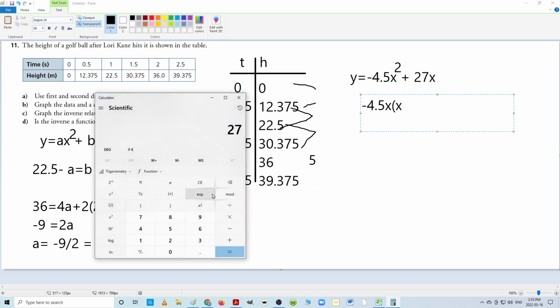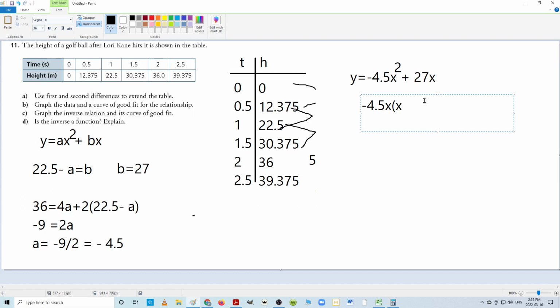So if I take 27 divided by negative 4.5, that's how I factor something out. I'm dividing it by it. I get the negative 6 that I anticipated that the graph already showed me, which means the ball starts off at the ground 0, 0 and hits the ground 6 seconds later, which means the vertex is 3.